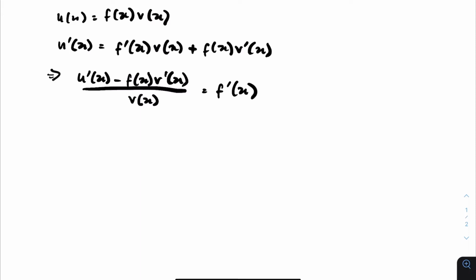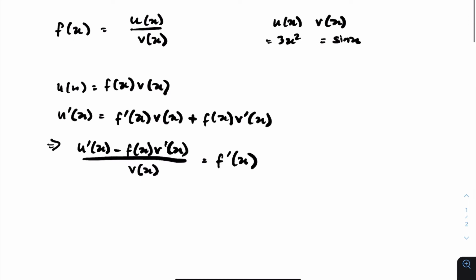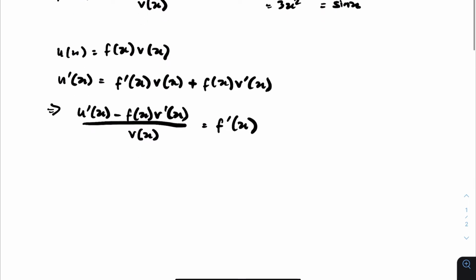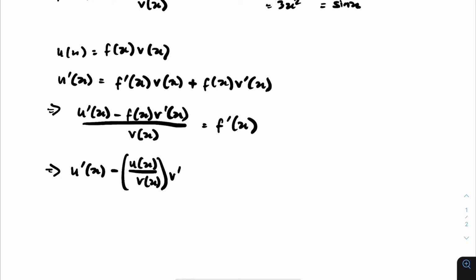We want to write this in terms of u of x and v of x only, so we can just substitute u of x over v of x as f of x to get u prime of x minus u of x over v of x times v prime of x over v of x.